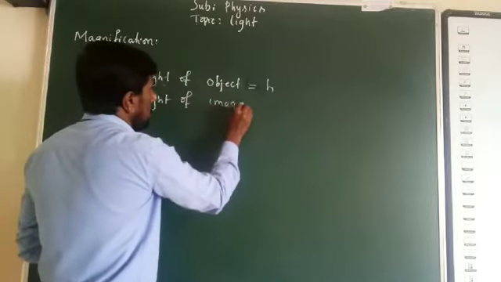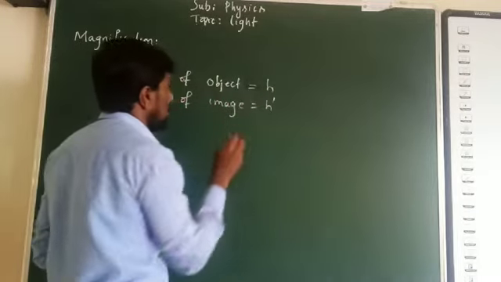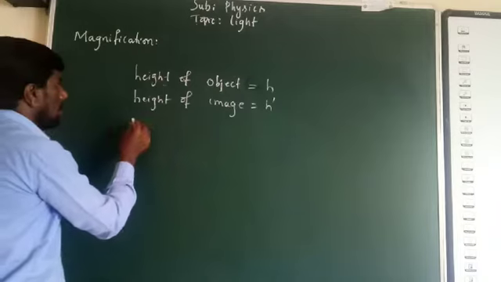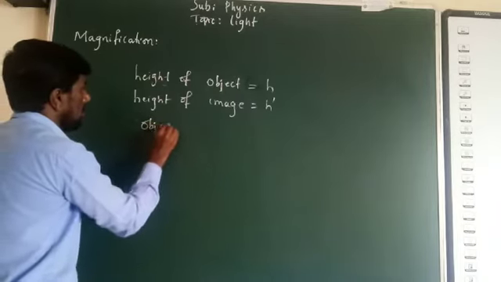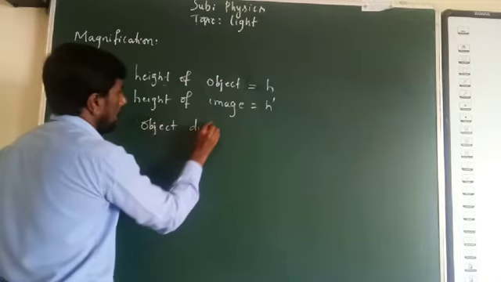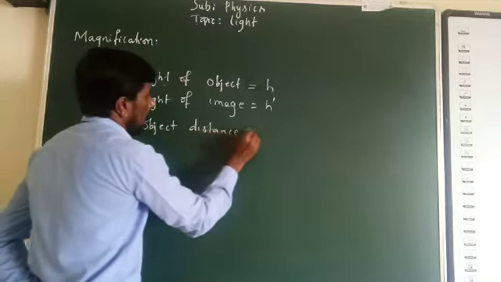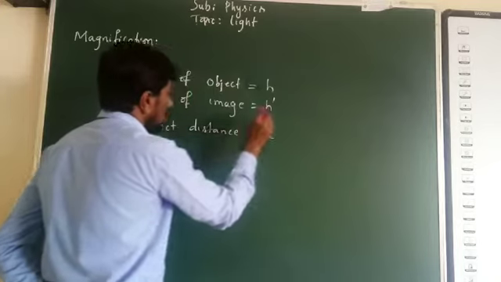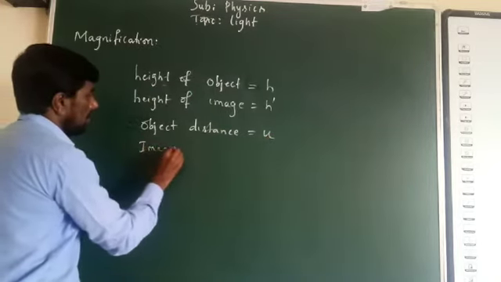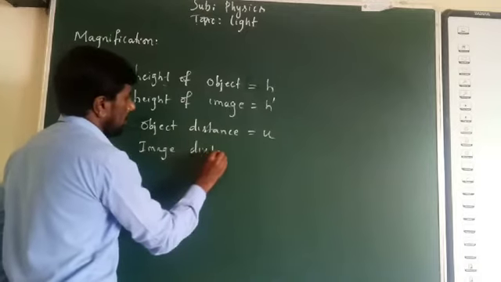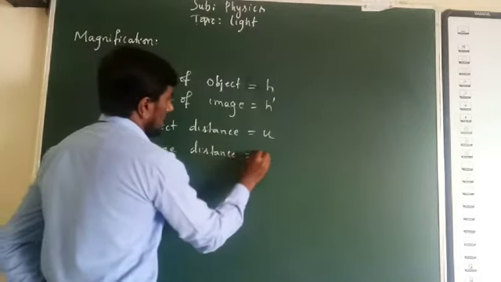So let me take the height of the image as h dash. Then the object distance we can take as u, and the image distance we can take as v.